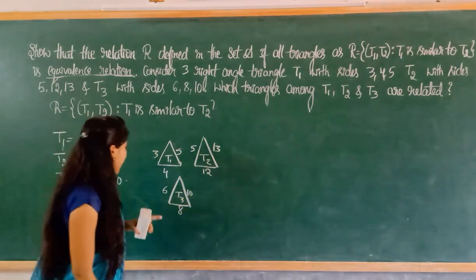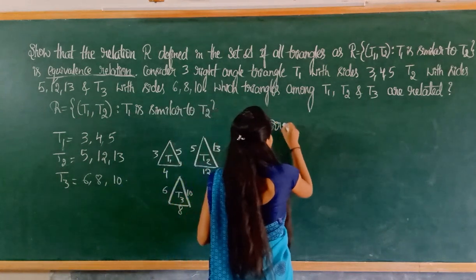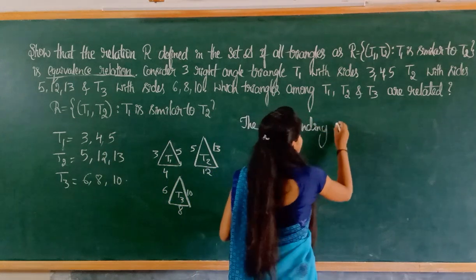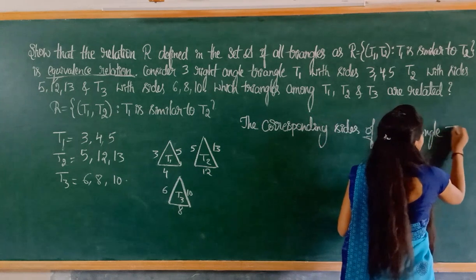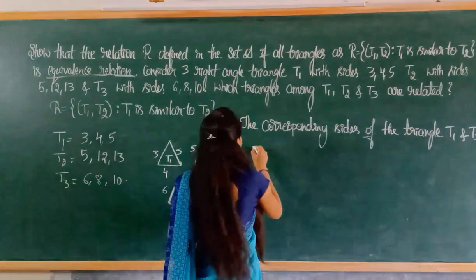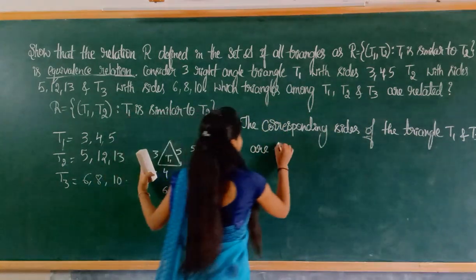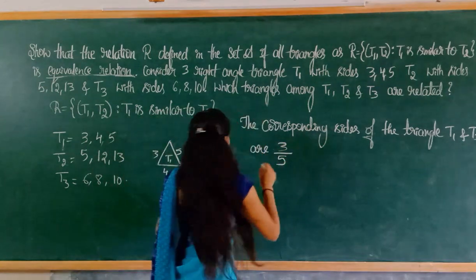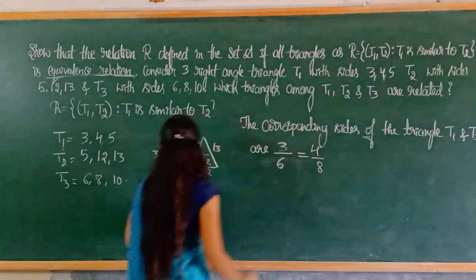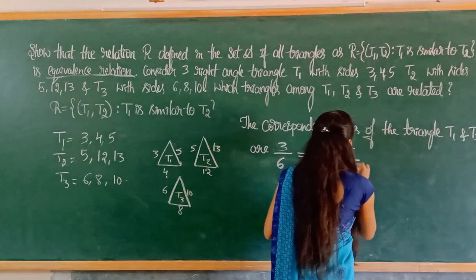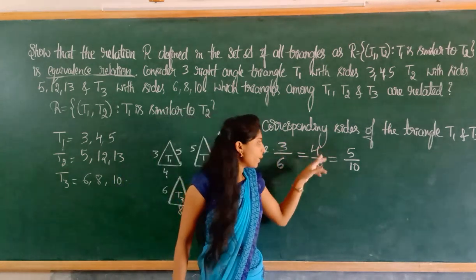See here, for the triangles T1 and T3, the corresponding sides are in the same ratio. 3 by 6 is equal to 4 by 8, and then 5 by 10. 3 by 6 is 1 by 2, 4 by 8 is 1 by 2, and 5 by 10 is also 1 by 2.